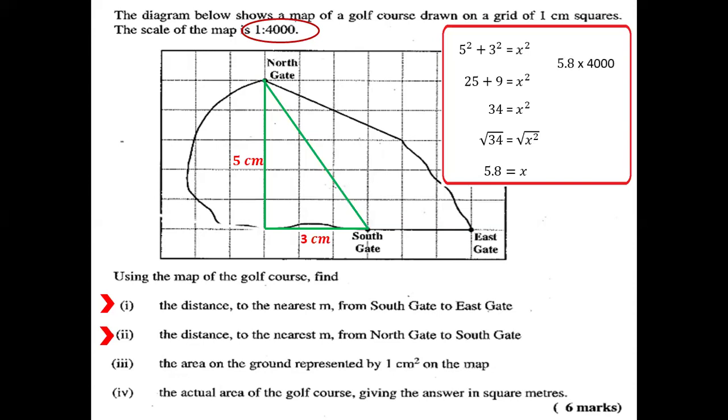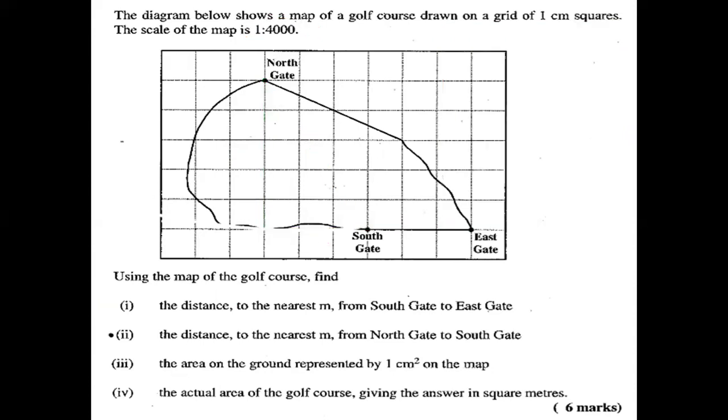So what we're going to do is multiply 5.8 centimeters times 4,000, giving us 23,200. But that's centimeters, and therefore we have to convert that again to meters by dividing by 100. There's 232 meters from the north gate to the south gate.